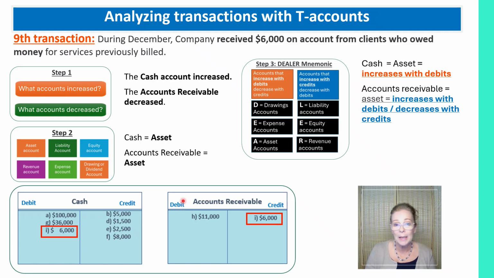We learned in step 3 that asset accounts decrease with credits on the right side of the T account. We find the T account for accounts receivable and write the transaction ID I and the amount of $6,000 into the credit column of the accounts receivable T account. Let's move on to transaction number 10.